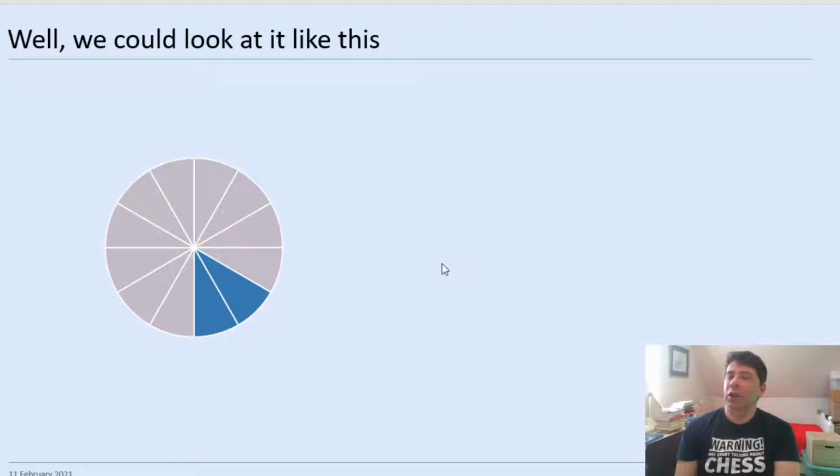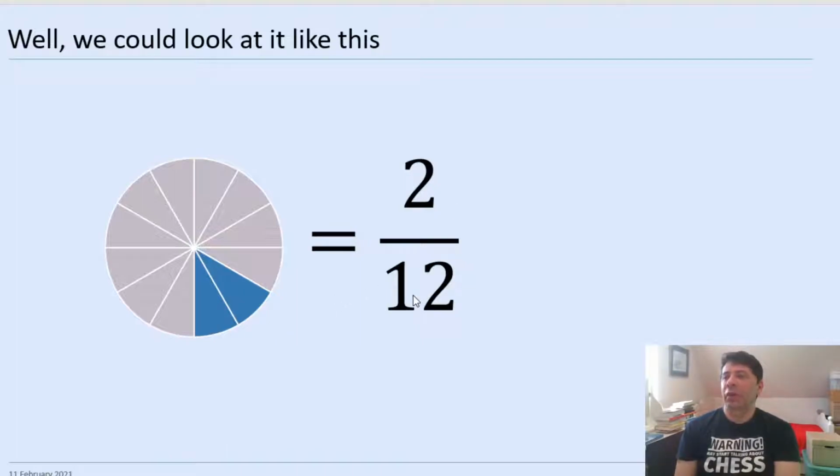We're going to take 2 of those thirds, 2/3 of the quarter. So that's 2/12, and we can cancel this down. 2/12 cancels down to 1/6 because we divide the top by 2 and the bottom by 2. There's a previous video on fractions that explains cancelling down, Fractions 3.